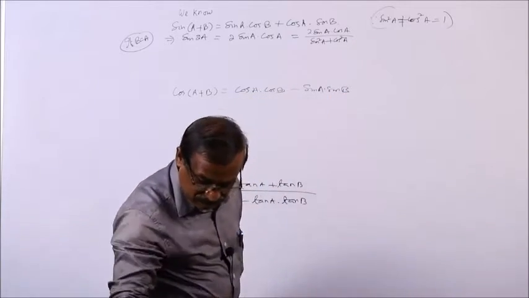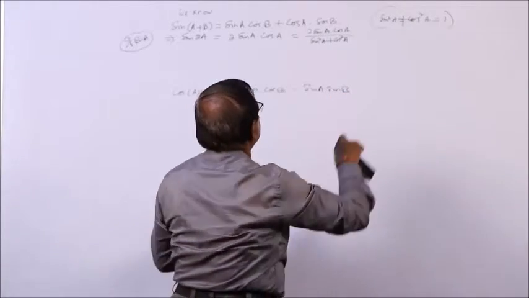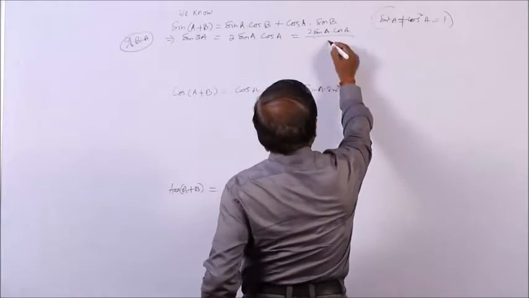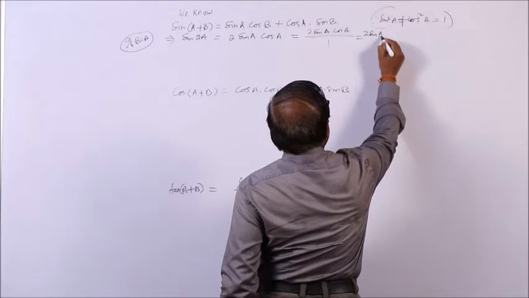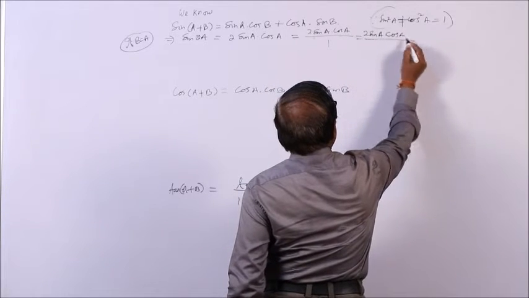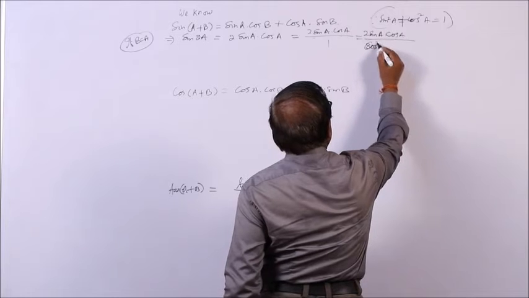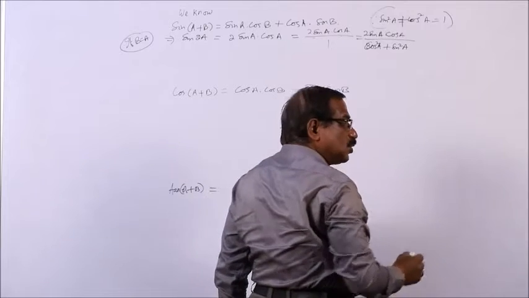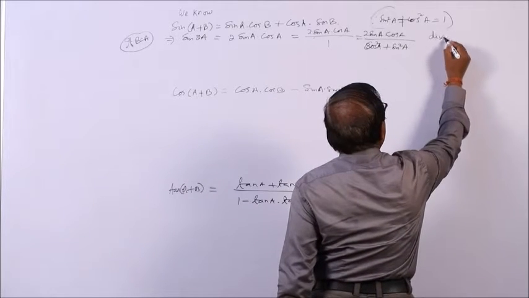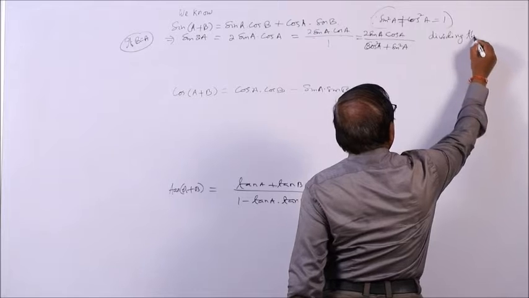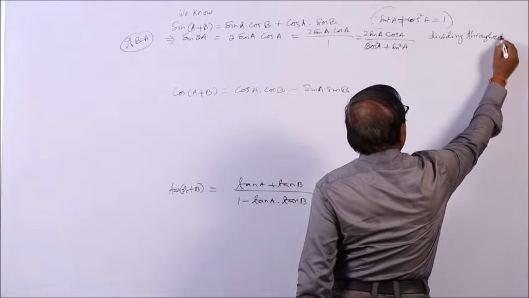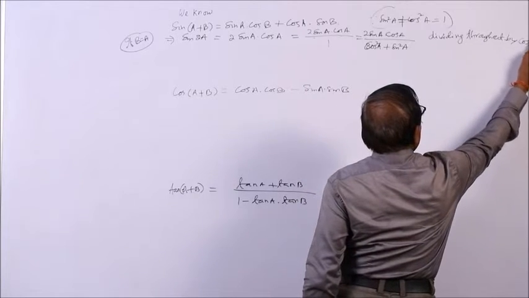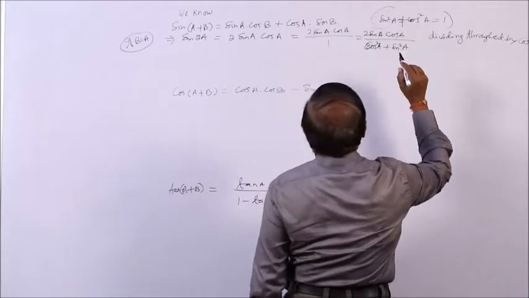To be more clear, you can write this 1, nothing hard. So this is again 2 sin A cos A by cos square A plus sin square A. Dividing throughout, numerator and denominator, by cos square A, what will happen?